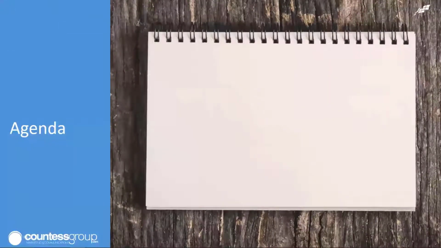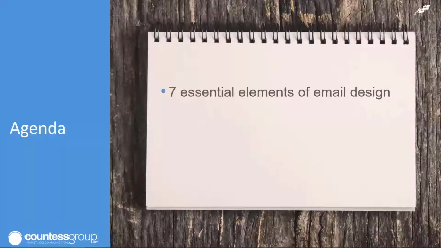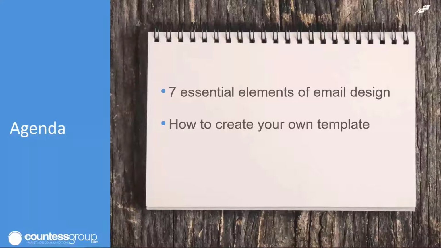So now you have a basis for getting started with email marketing. And let's talk about the agenda for this event and what I'm going to accomplish. First, I'm going to review the 7 essential elements that you need to design an effective email. And then I'll jump into a live demo account so I can show you how to create your own reusable template to save time.